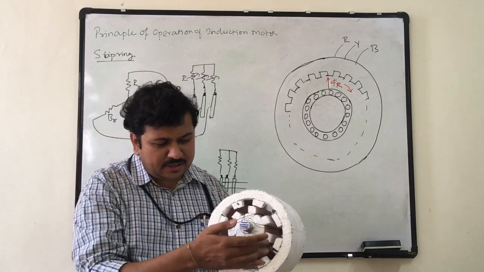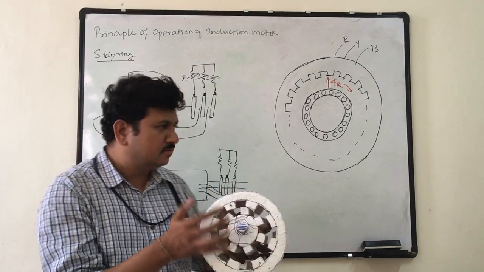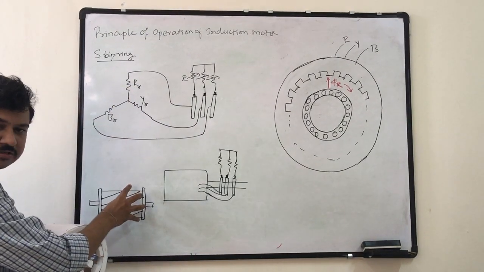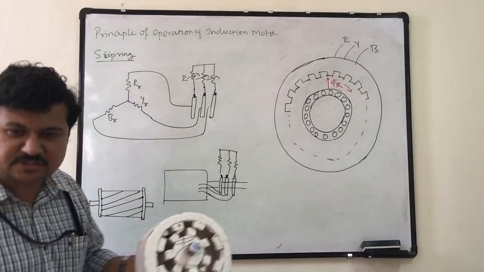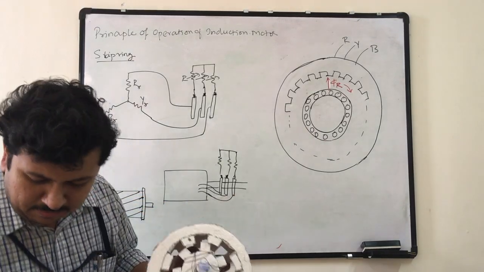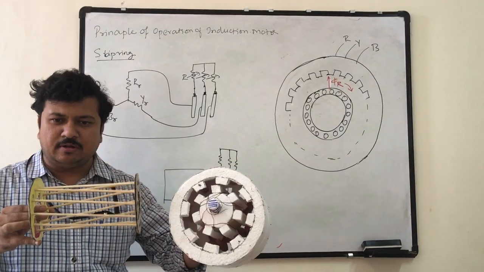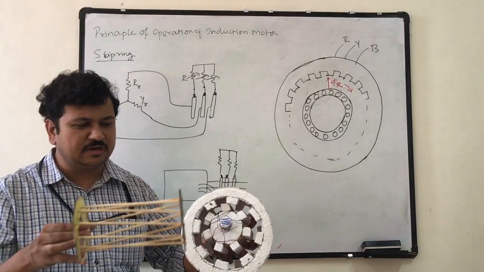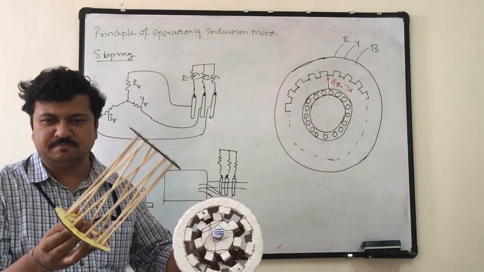Now, the moment EMF is induced in the rotor circuit, in the conductors, because the rotors are short circuited on themselves, current immediately starts flowing in the rotor conductors, whether it is a slip ring or a cage rotor.